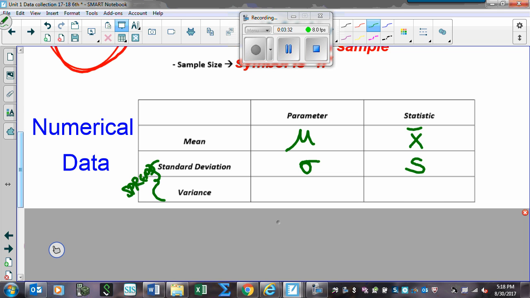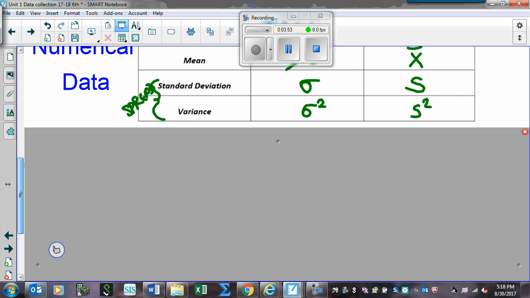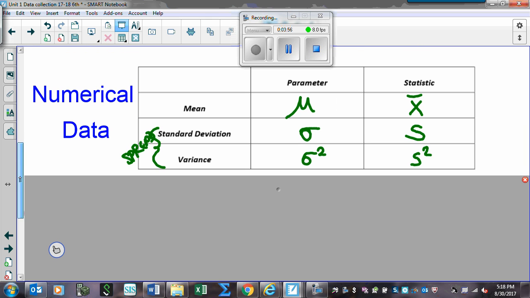And variance, all that is the standard deviation squared. And in how it's derived, you'd actually find the variance first and then take the square root to find the standard deviation. And intuitively, it makes sense that sigma would be the square root of sigma squared. Okay, and so that's for numerical data.